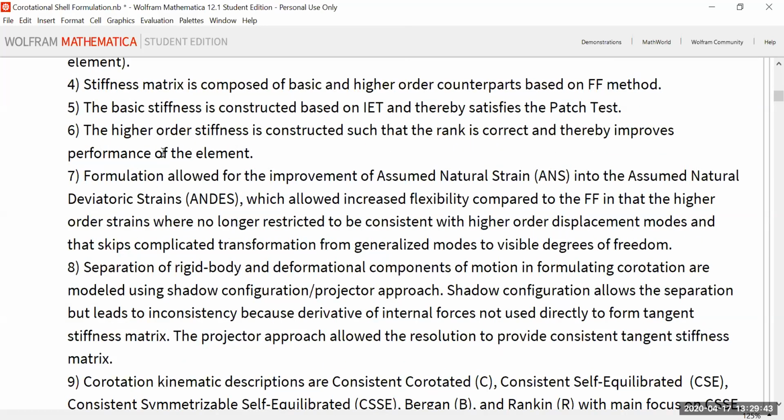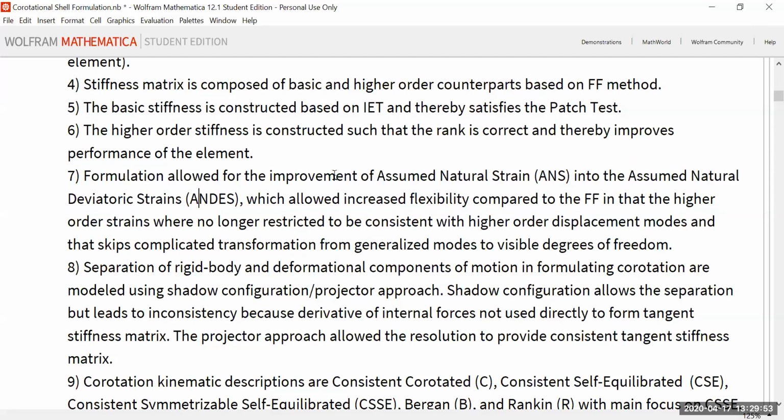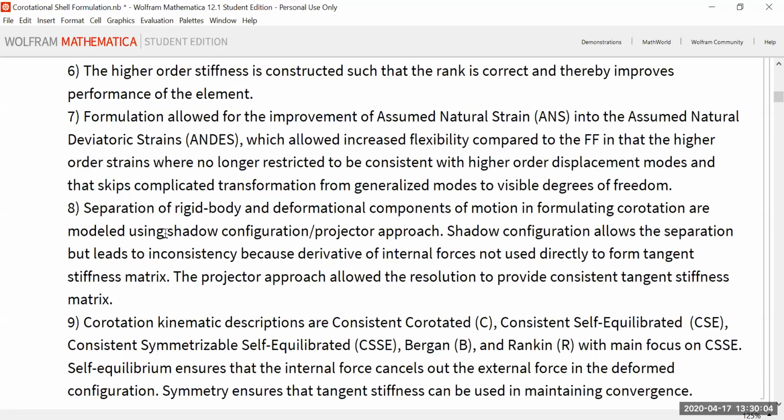The formulation is also based off this assumed natural strain, or ANS, and assumed natural deviatoric strains, or ANDES. What this simply is, is you're increasing the flexibility of what you did for the free formulation.